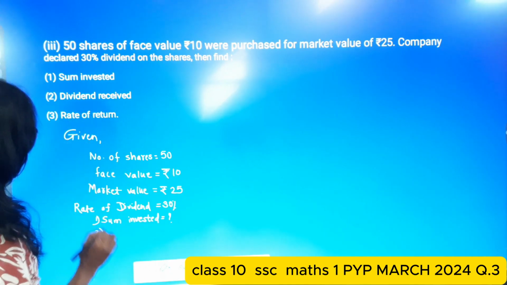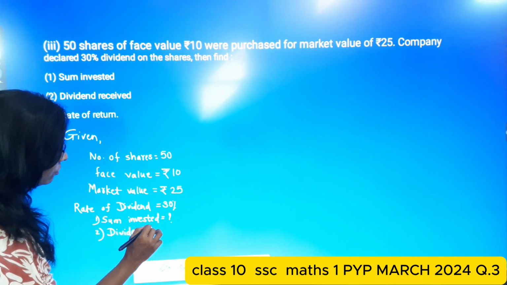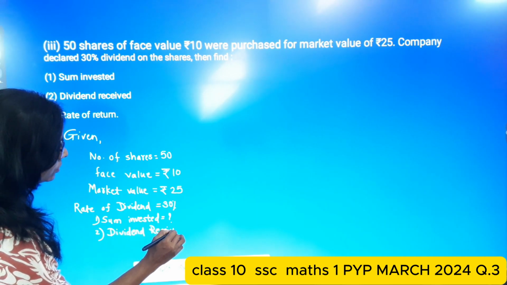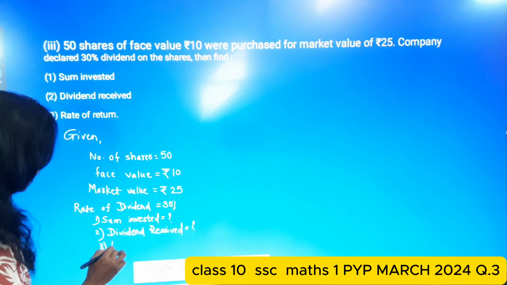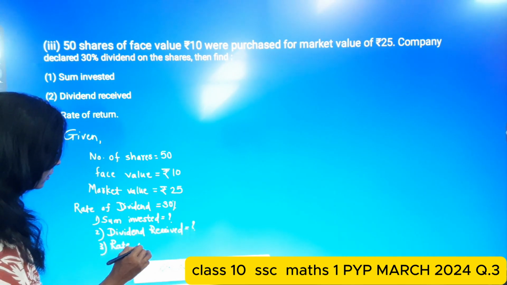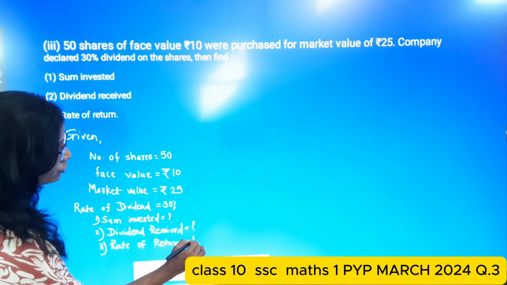Then the second one, dividend received, is equal to question mark. And the third one, students, is the rate of return, which is equal to question mark.